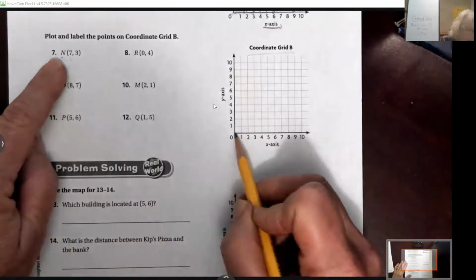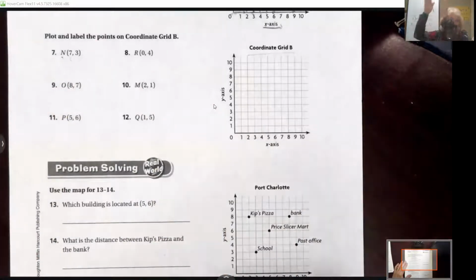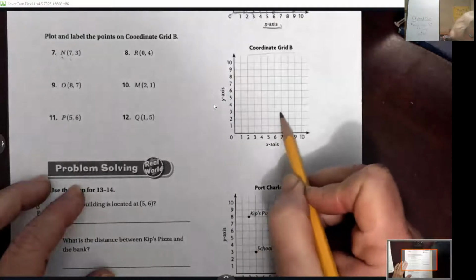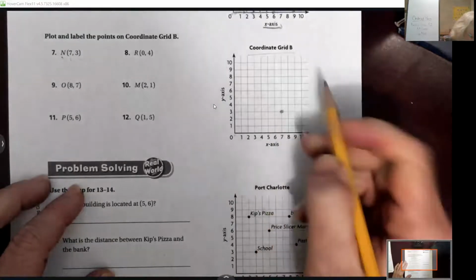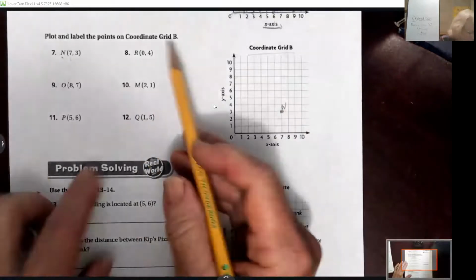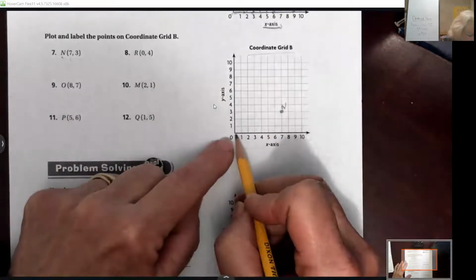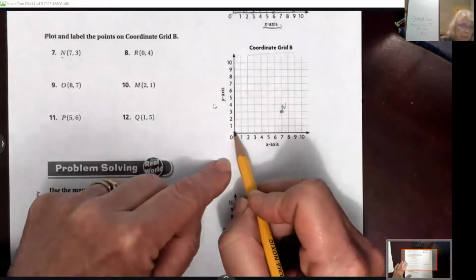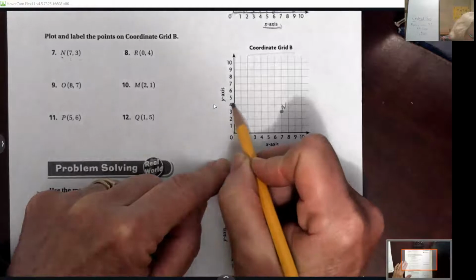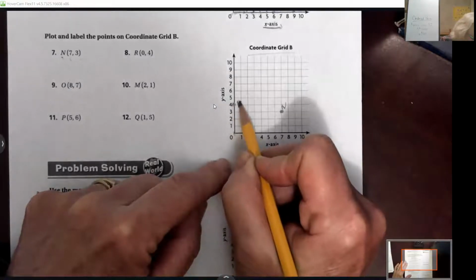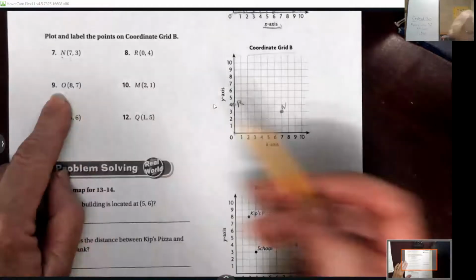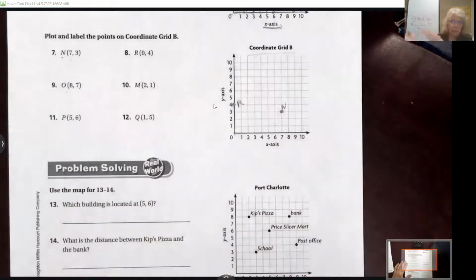So we're going to go over first, then up. So over 7, up 3. And now we're going to label this N like that. 8, we're going to go over 0. So we're just going to stay at our point of origin, and then up 4, and point R is right here. Point O is over first, then up.